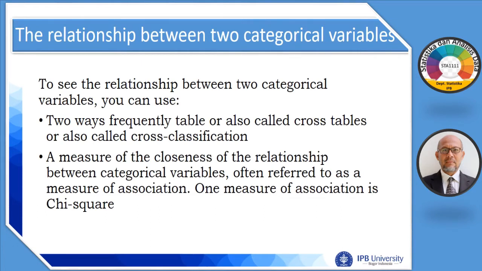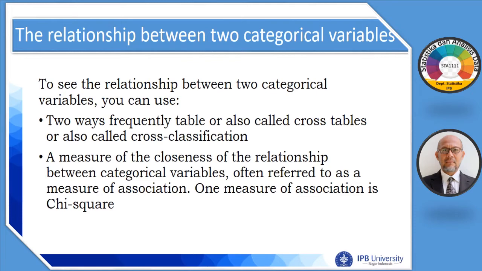Okay, now we are talking about the cases one by one. The first case is the relationship between two categorical variables. So, to see the relationship between two categorical variables, we can use two possibilities. The first one is two-way frequency tables, also called cross tables, or also called a cross classification.